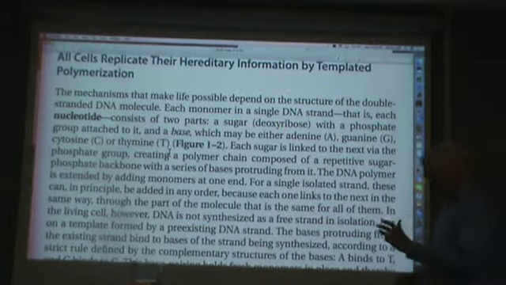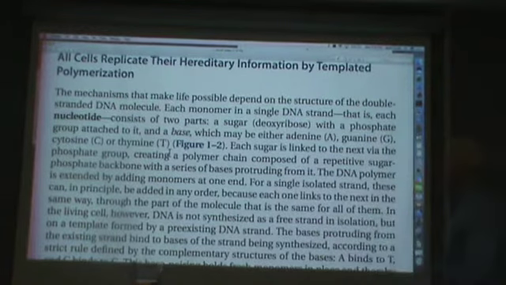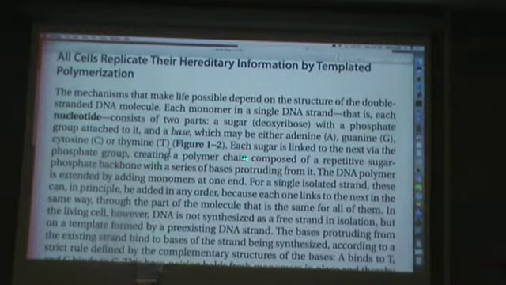It's just a sugar that has one fewer oxygen atoms than a normal ribose. A sugar with a phosphate group attached to it and a base. And the base may be adenine, guanine, cytosine, or thymine, and the figures are down below. Each sugar is linked to the next via the phosphate group, creating a polymer chain composed of a repetitive sugar-phosphate backbone with a series of bases protruding from it.